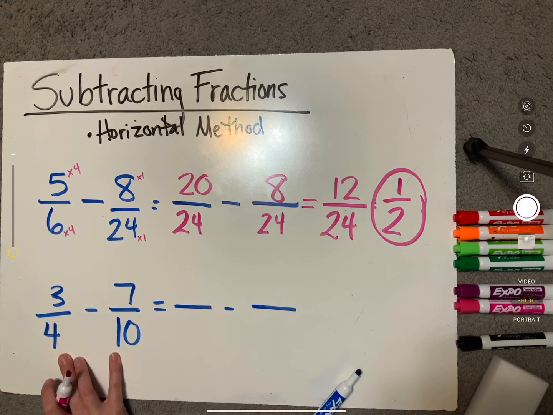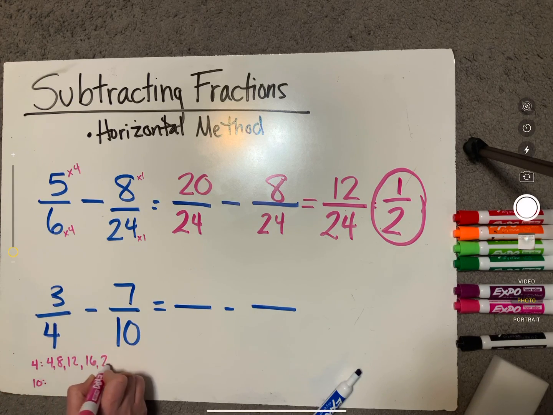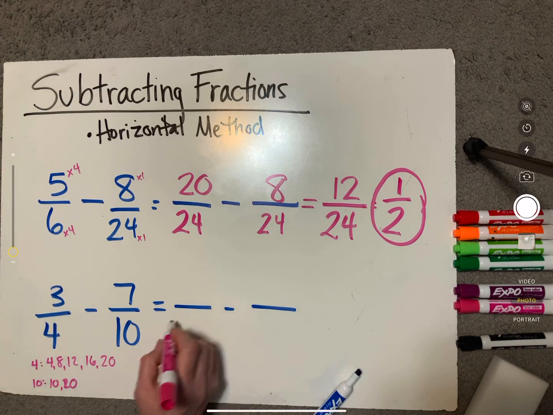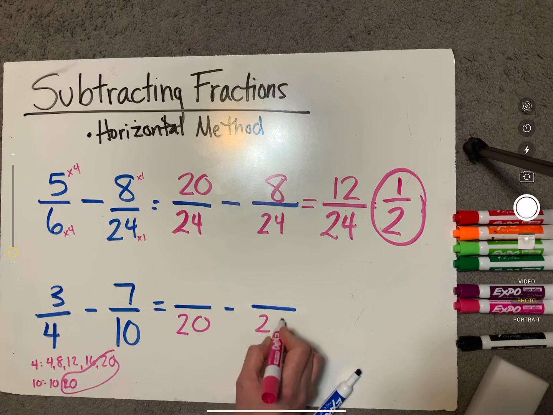So if I think about my multiples of 4: 4, 8, 12, 16, 20. Now, if I think about my multiples of 10: 10 and 20. So I'm going to use 20 as my common denominator.